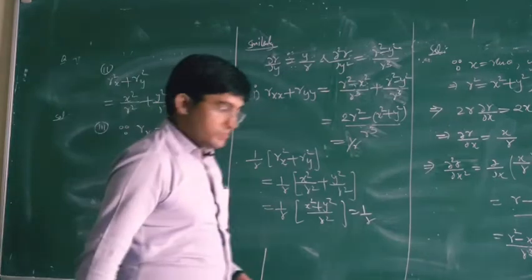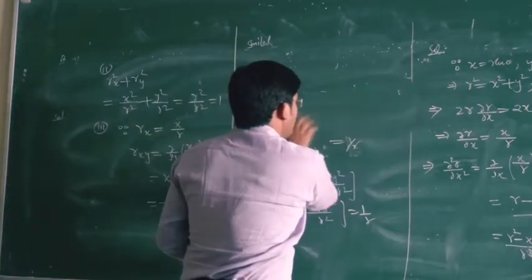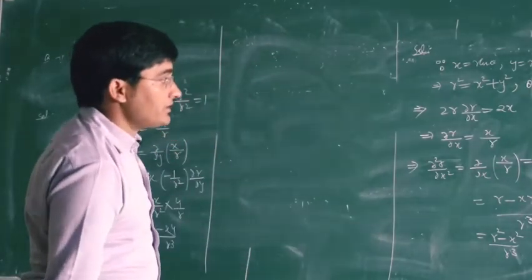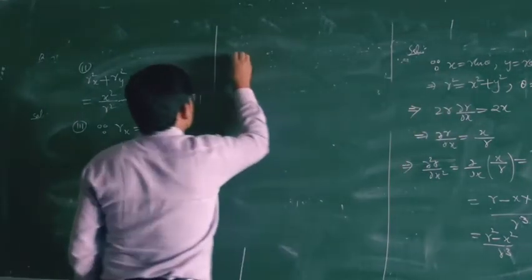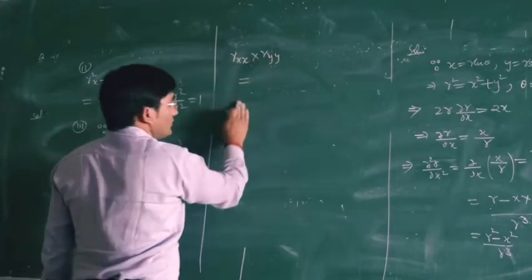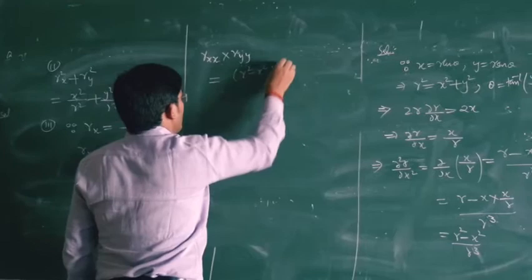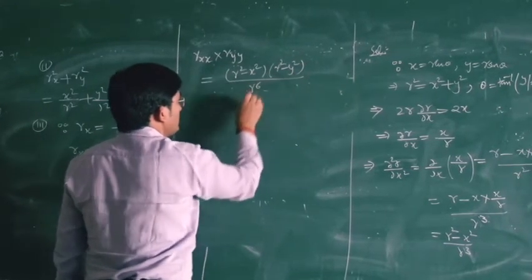Now let us prove the third part. The left hand side is rxx into ryy. So rxx into ryy is equal to r square minus x square into r square minus y square divided by r power 6.